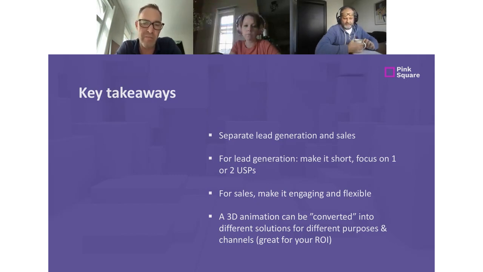And for sales, we think it's important that it's engaging and also flexible, because the situation in which you might use it can differ. And also remember that once we create a 3D animation, we can easily convert it into different types of solutions for different purposes and channels, sometimes even for instructions, and that again is great for your ROI.